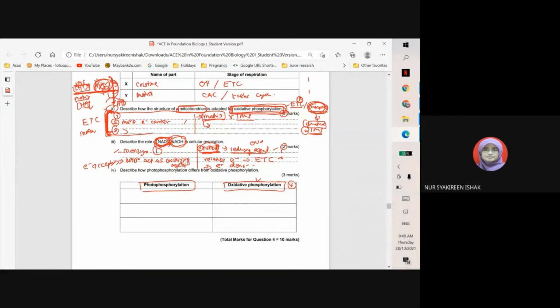photophosphorylation, if you look at the term photo, it means that it involved during photosynthesis. So perbezaan yang pertama dah dapat dah kat situ, this one occurs during photosynthesis. This one, oxidative phosphorylation, occurs during cellular respiration.